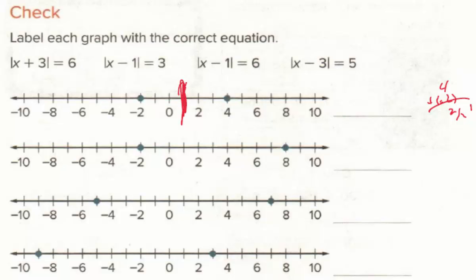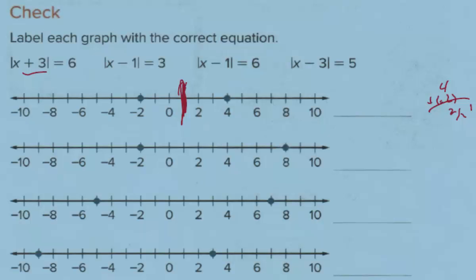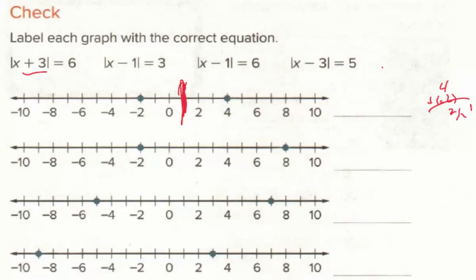We don't want to put plus 1. Remember, these are distance calculations, so it's always a minus. The only way you can have a plus inside like you have here is to have a minus a negative, which causes a positive. So this is a distance of 3 on this side and a distance of 3 on this side from the central number of 1, which we can clearly see is this one right here. So absolute value of x minus 1 equals 3.